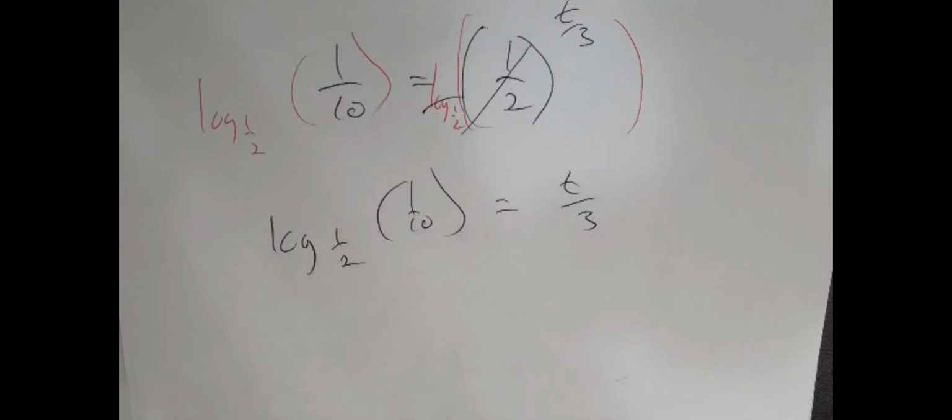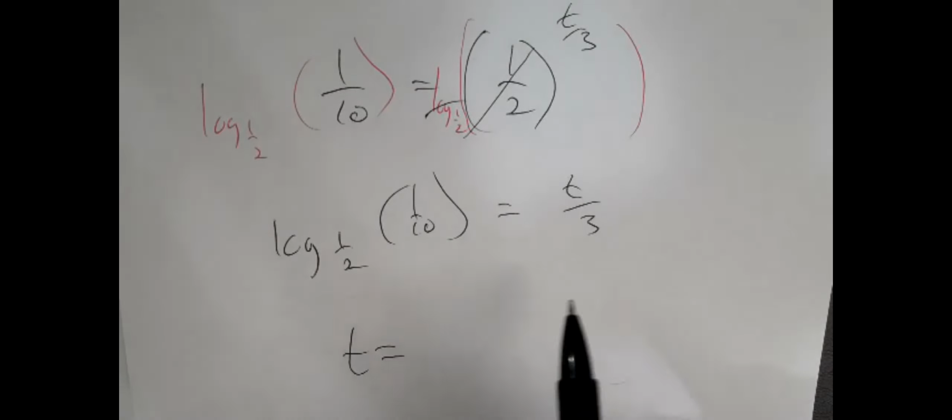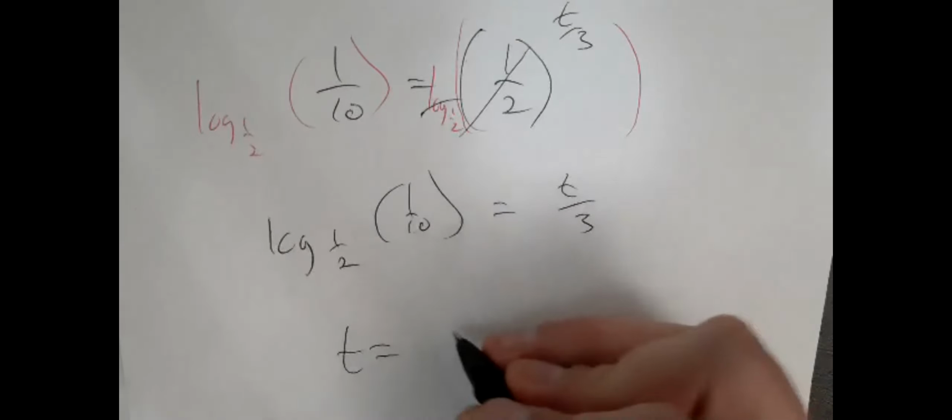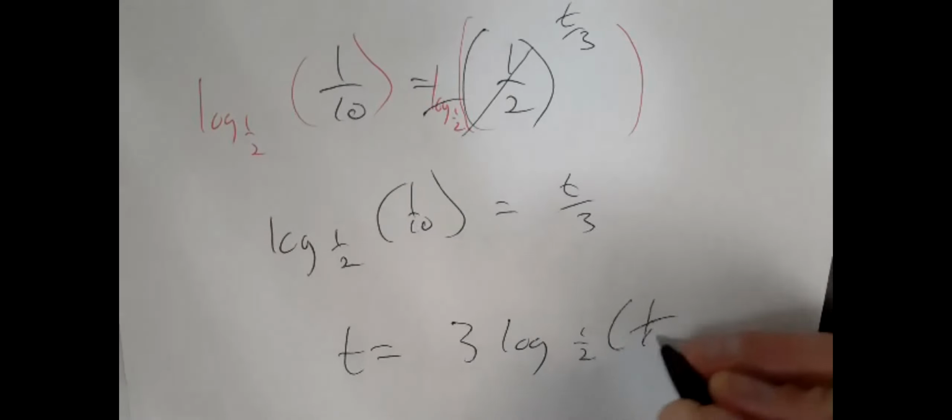Now there's probably one little thing I need to do. If this is dividing by 3, how do I get rid of that? Multiply by 3. So t looks like 3 times log base 1/2 of 1/10.